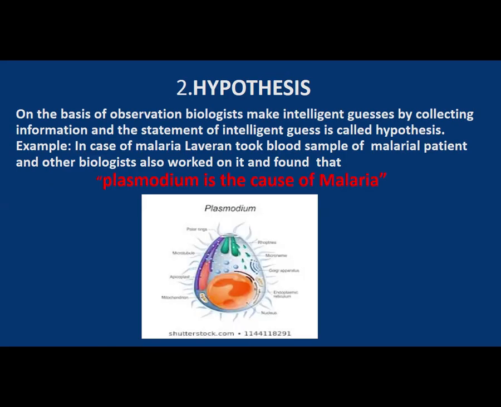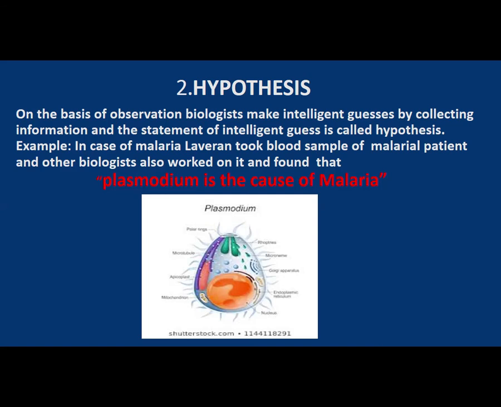Now number 2 is hypothesis. When scientists have observed, what do they do after this? On the basis of observation, biologists make intelligent guesses. It is not very sure, it is only a guess, made by collecting information, and the statement of an intelligent guess is called a hypothesis.